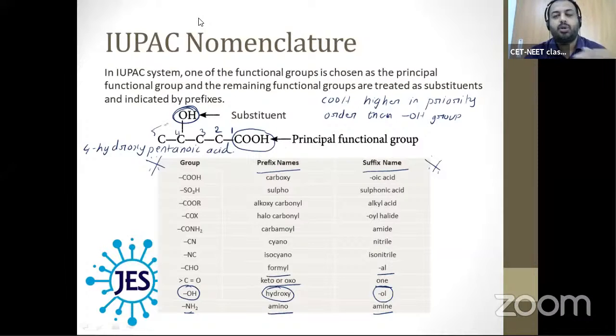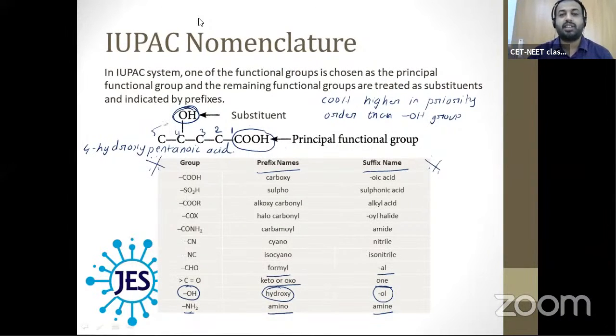So last class we had stopped at naming compounds with multiple functional groups. You call them polyfunctional compounds. And in that I told you, when there is more than one functional group, you will only consider one functional group as the main functional group. Only one functional group will be considered as the main functional group. The rest of the functional groups will be treated as substituents.